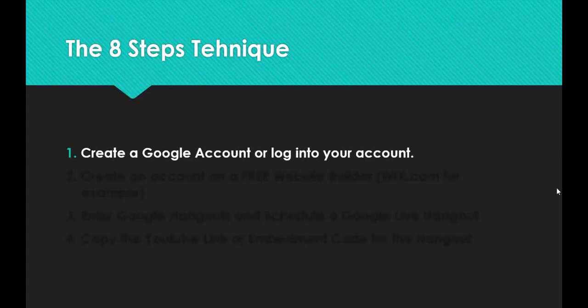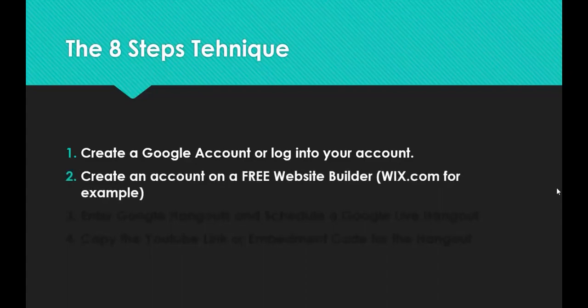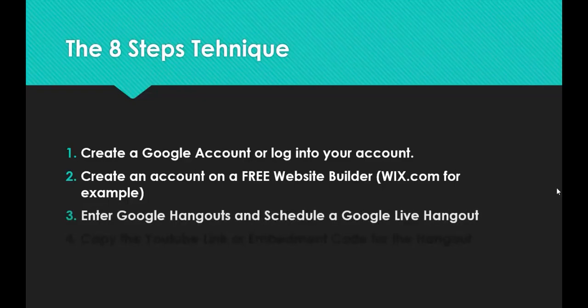You also have access to Google Drive and all the apps that Google has at our disposal. Then you need to create an account on a free website builder, and an example for that is Wix.com, and I will show you exactly in a future video how to use that.